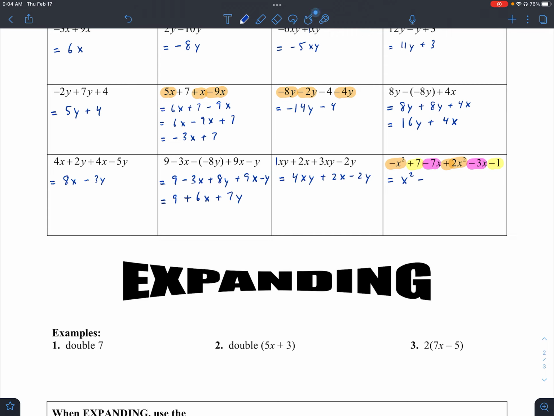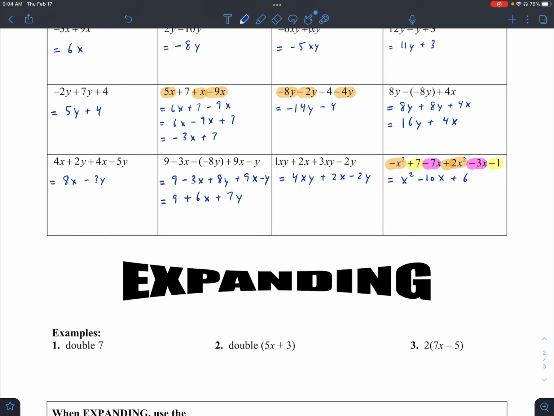So that's going to be negative 10x when we collect them, because we're doing minus 7 minus 3. So that's going to be negative 10. And then 7 minus 1 is going to be 6. So which is plus 6.